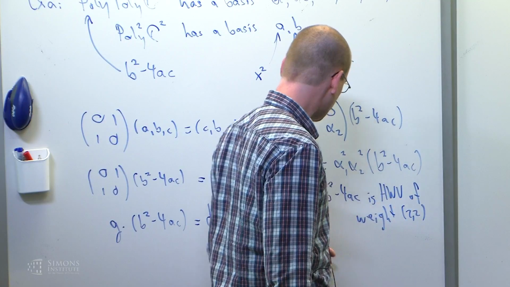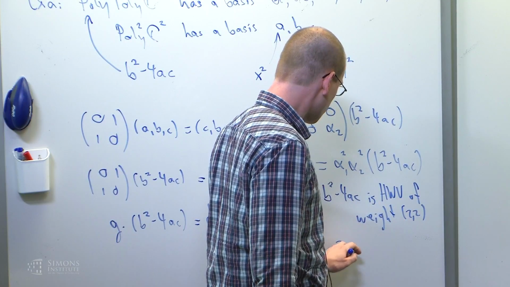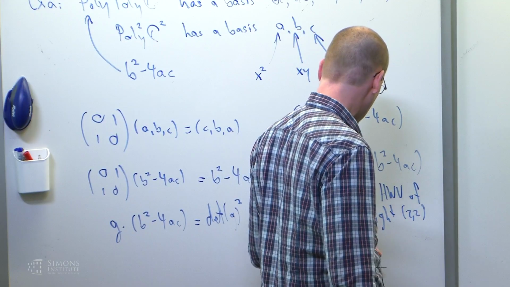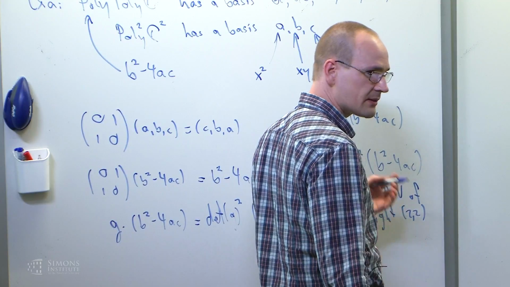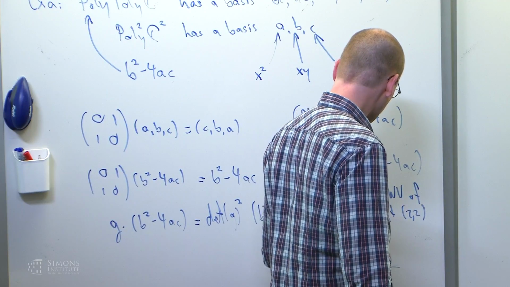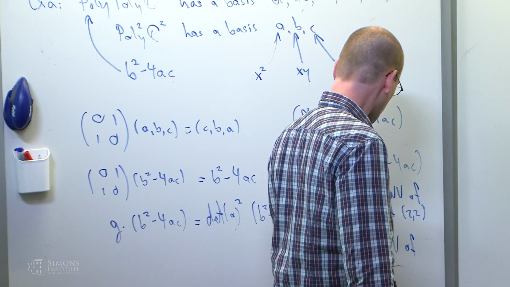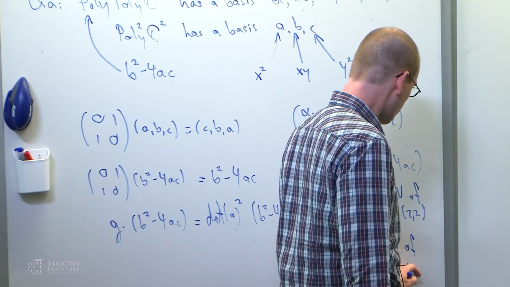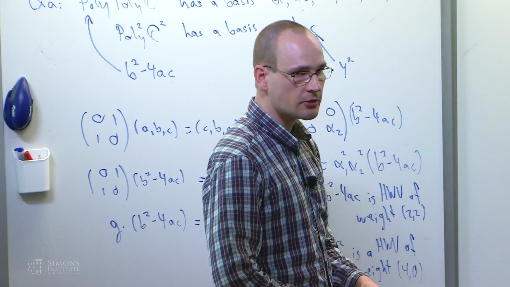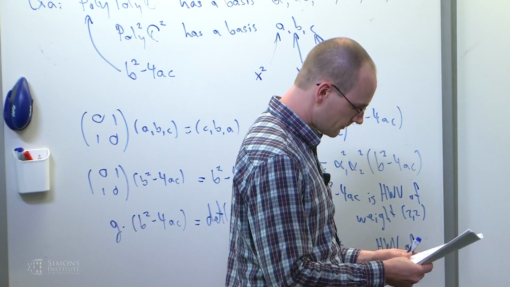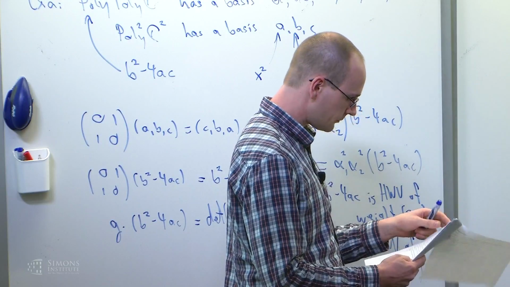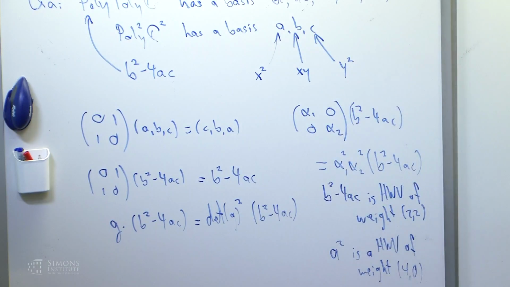And there's another highest weight vector, which is just a squared, of weight 4, 0. And those are the only two in this vector space. But the vector space is 6-dimensional, right? Those are the two vectors that you get. All right? Let me maybe show how this works.